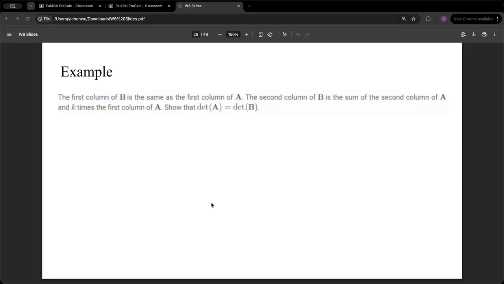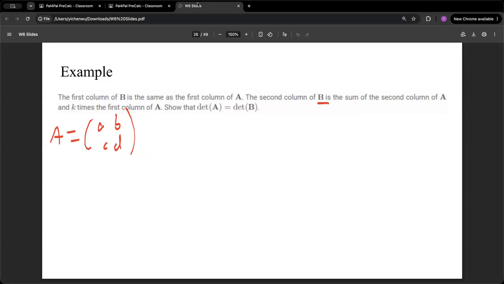Okay, this is actually a very important fact about determinants and how you can compute them. The reason is that, well, I'll just show the proof. Currently you have A equal to A, B, C, D, and we want B to be the sum of the second column of A and K times the first column.